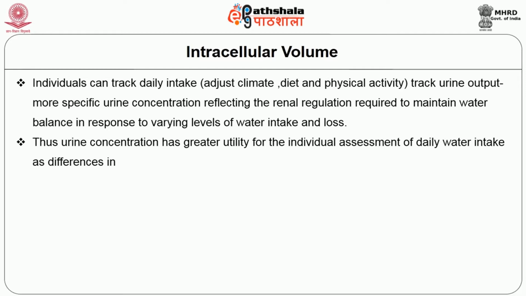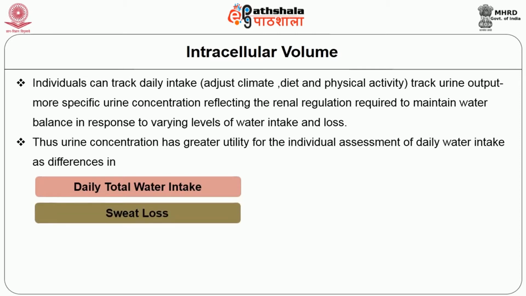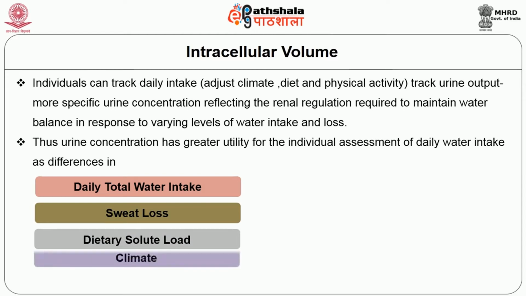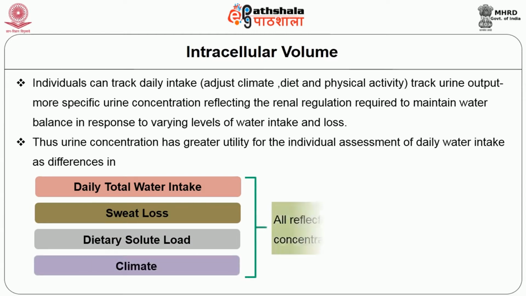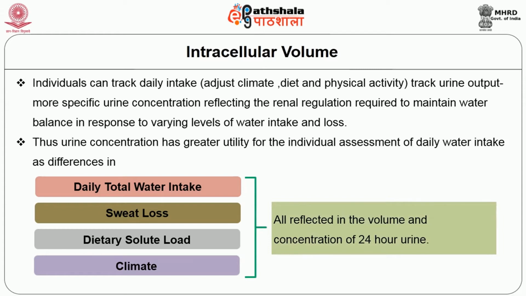Thus, urine concentration has greater utility for the individual assessment of daily water intake, as differences in daily total water intake, sweat loss, dietary solute load and climate are all reflected in the volume and concentration of 24-hour urine.